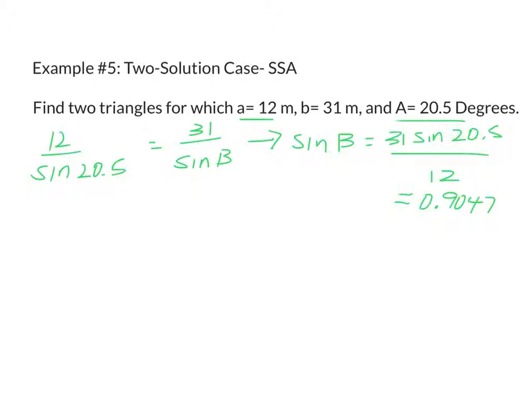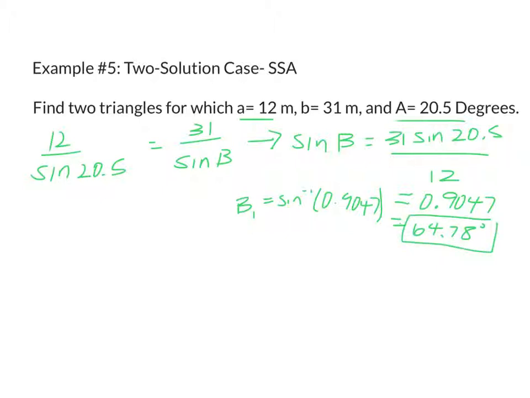So to find B, remember you get two actual angles for B. I'm going to get B sub 1 first. If I do the inverse of sine of 0.9047, that will give me, for my first angle, 64.78 degrees.